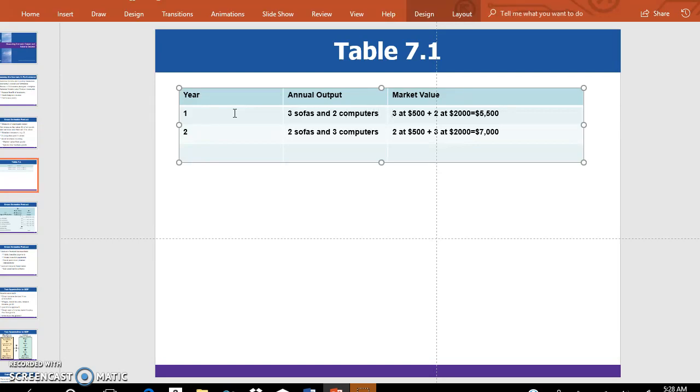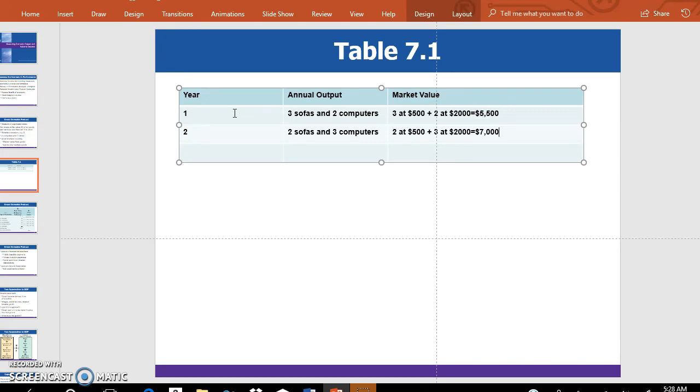Now, what is the market value of the output of this country in year one? The sofa price is $500 per sofa with three sofas, and $2,000 per computer with two computers. So we multiply to get values and add them: 5,500.